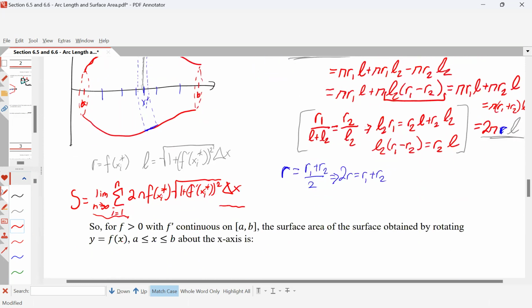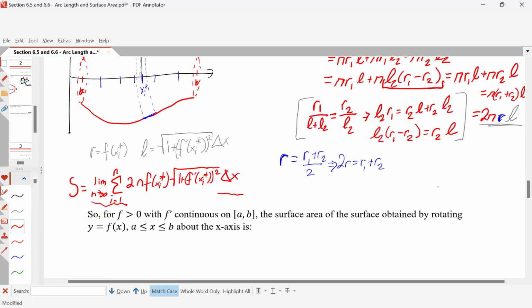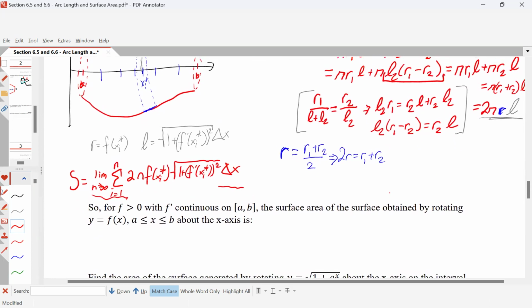So if I have a function greater than 0 with the derivative continuous, the surface area of the surface obtained by rotating y equals f of x about the x-axis is the integral from a to b of 2 pi f of x square root 1 plus derivative of f of x squared dx. This is rotating about the x-axis.